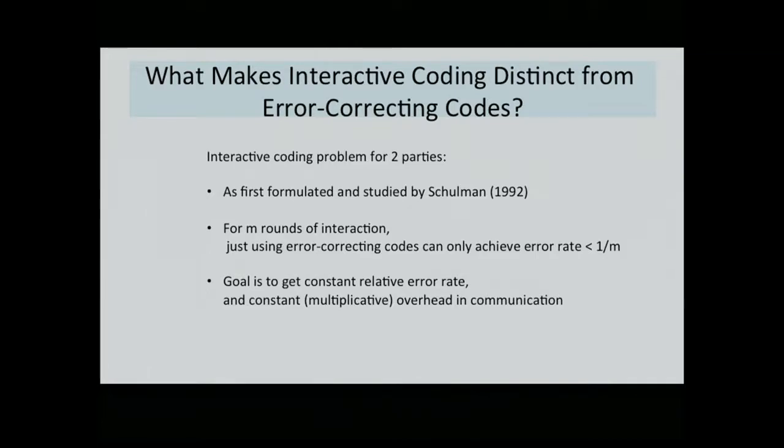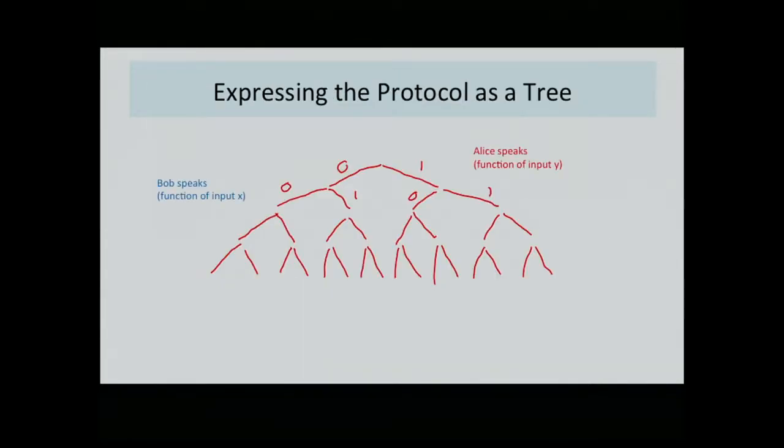And so our goal is to get a constant relative error rate and a constant multiplicative overhead in communication. So if I start with a protocol between two parties that has m rounds of sending a bit back and forth, I want something like a protocol that has 4m rounds and that achieves, let's say, a 10% constant error rate. So these are the parameters that I'm trying to achieve.